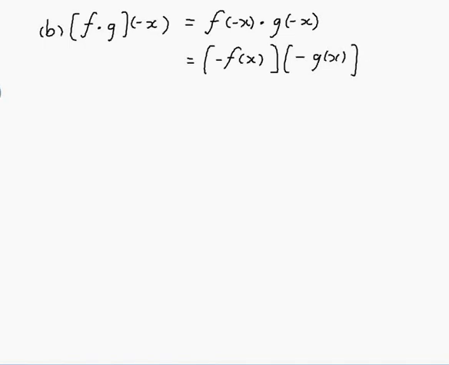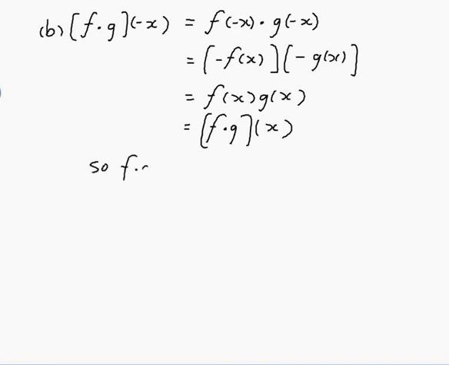And the minus times the minus would cancel each other out, and I'd just get f of x times g of x, which is f times g of x. So my minus sign disappeared, which means that f times g is even. So f times g is an even function.